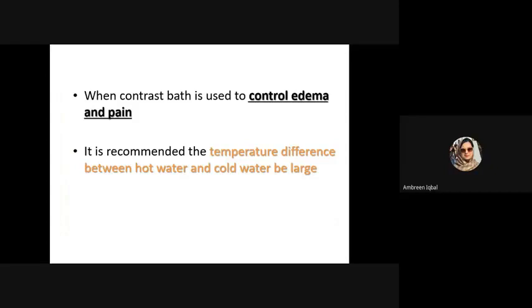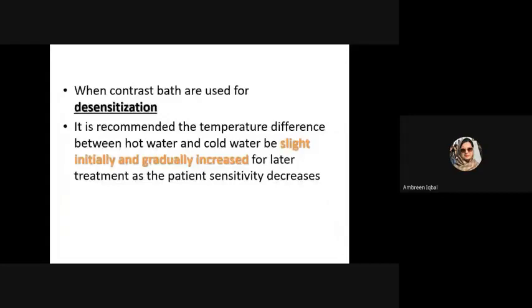When you want marked vasodilation and vasoconstriction, there must be marked differences in temperature. When your intention is to desensitize, it is recommended that the temperature difference between hot and cold water should be slight initially, and you may gradually increase it in later treatments as the patient's sensitivity decreases.